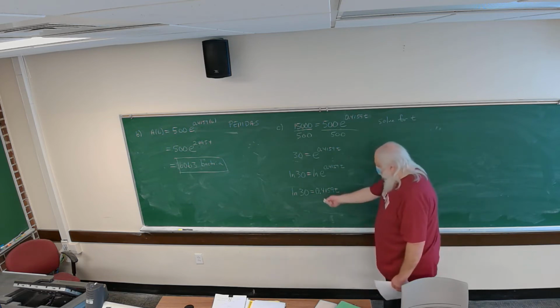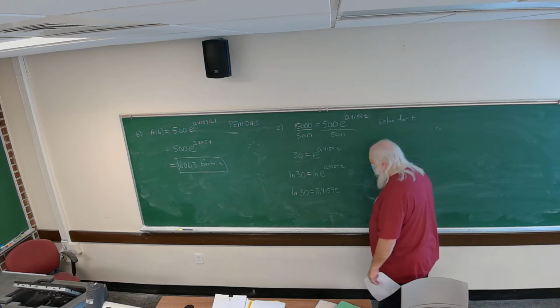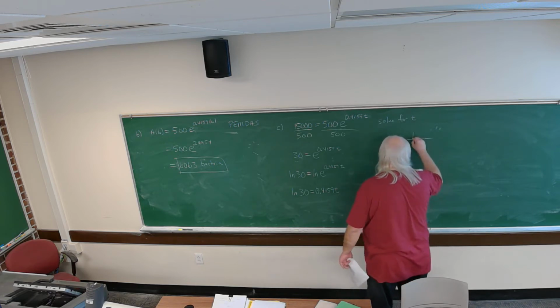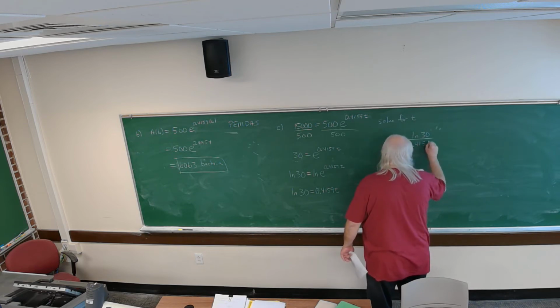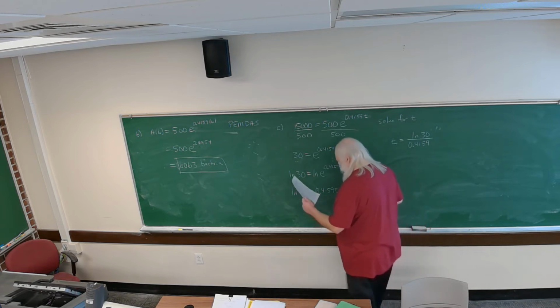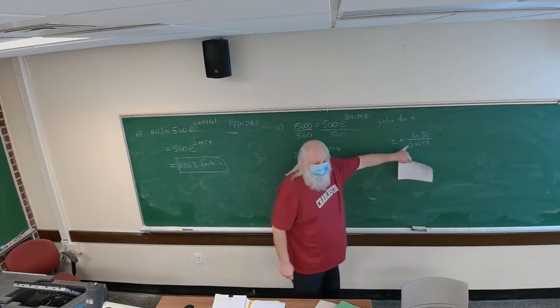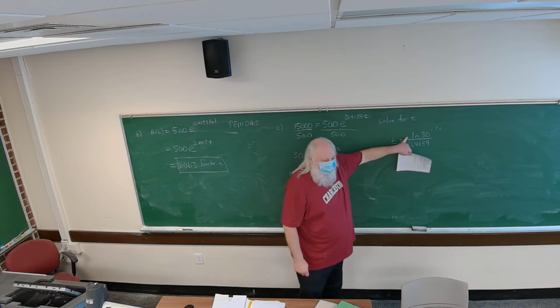And now you divide both sides by 0.4159. When I switch the two sides, we have the natural log of 30 divided by 0.4159. Right, so you just use the ln key on your calculator.